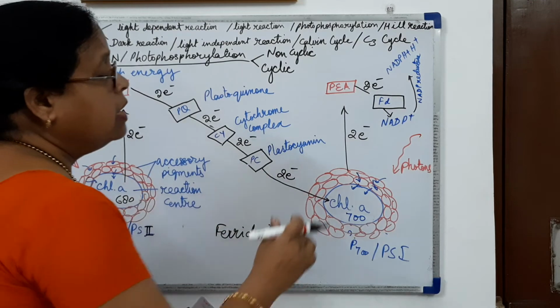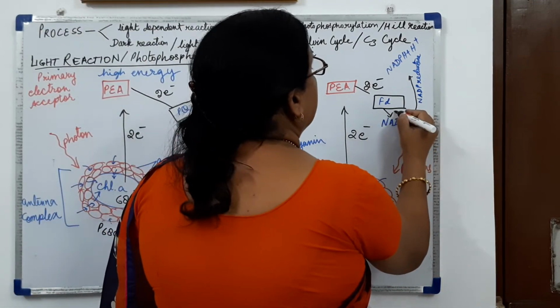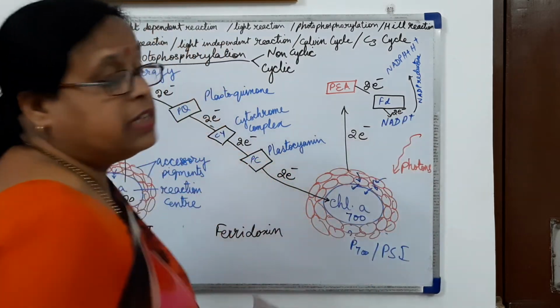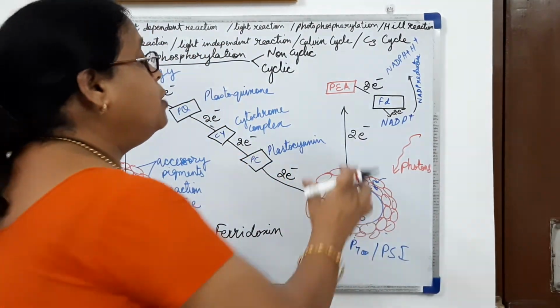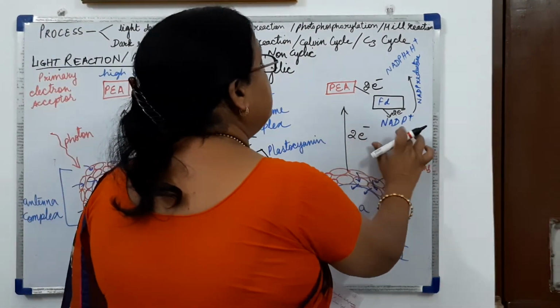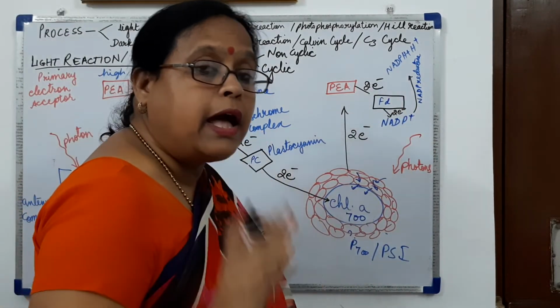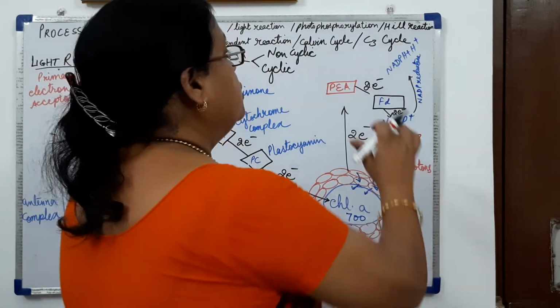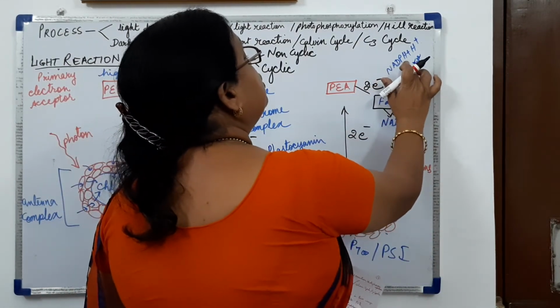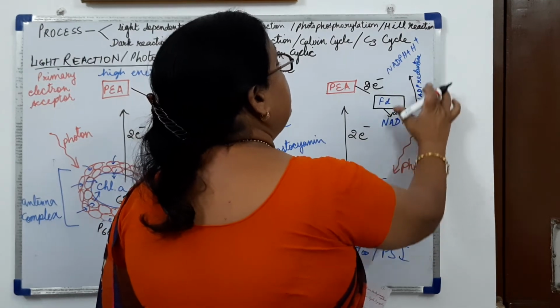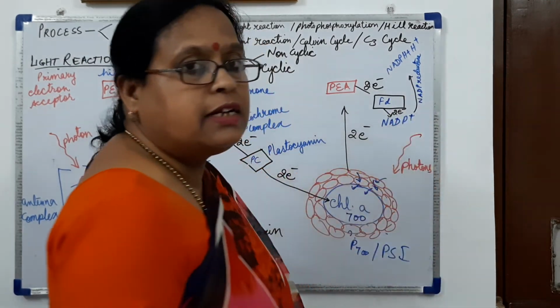Then ferredoxin will release these electrons, and this energy will be used by NADP to combine with hydrogen ions to form NADPH2 in the presence of the enzyme NADP reductase.